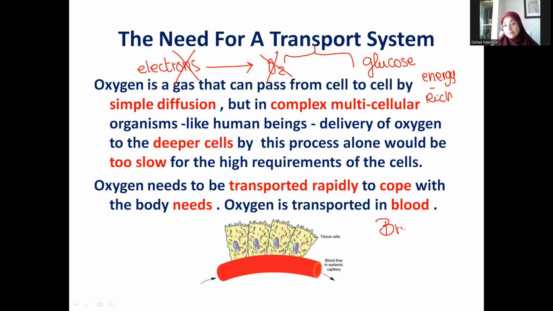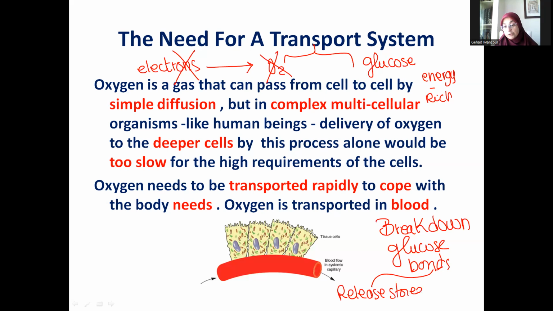So when you break down glucose bonds, it's true that you release the stored energy, but you also lose electrons.